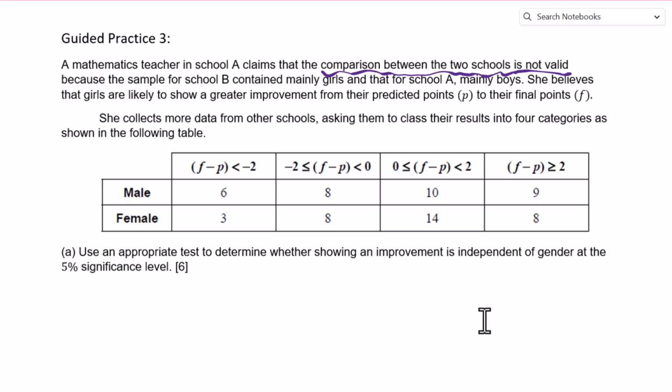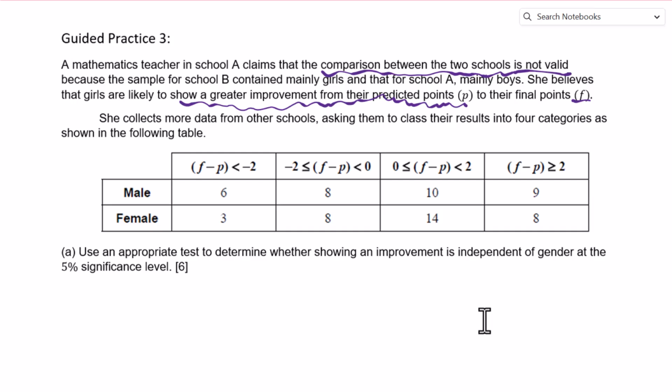She believes that girls are likely to show a greater improvement from their predicted points P to their final points F. She collects more data from other schools, asking them to class their results into 4 categories as shown in the following table.